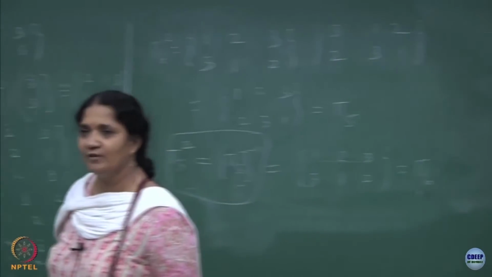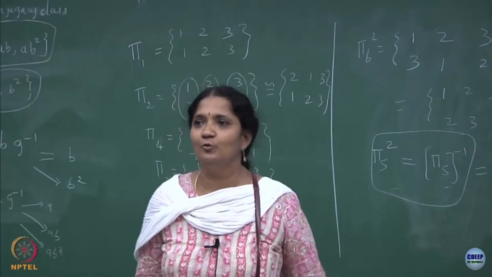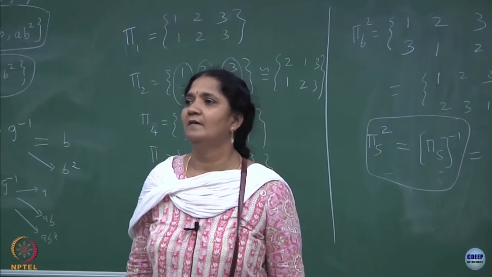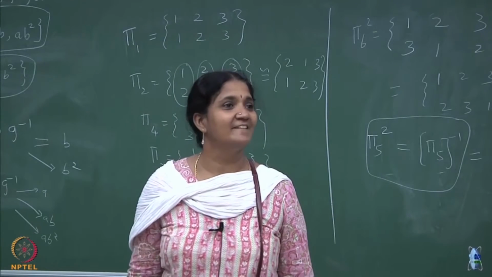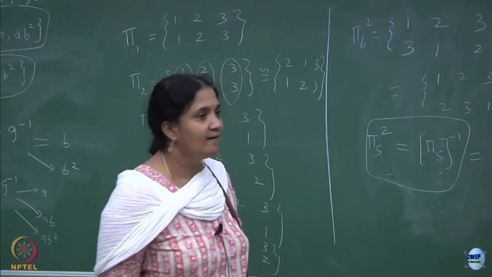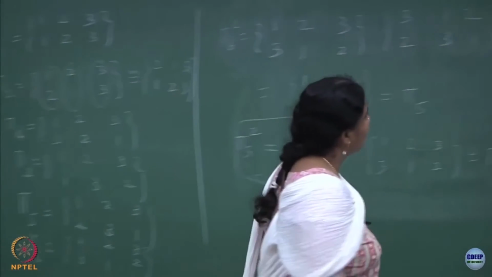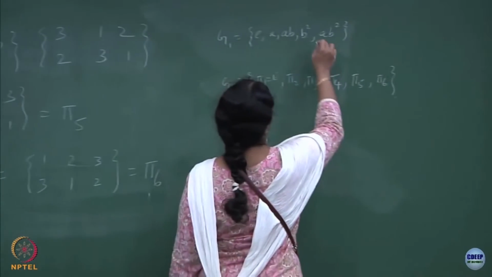Is it an isomorphism? It should be an isomorphism, the orders of the two groups are the same, right. Homomorphism will come only when the orders are different. B is missing? Yeah, B should also be. Thank you.